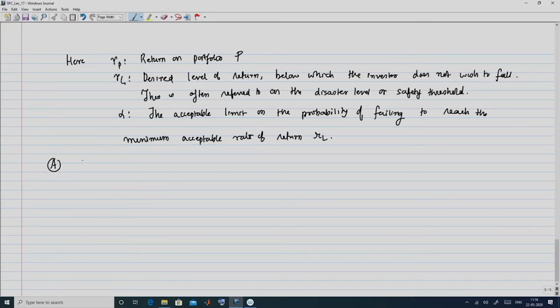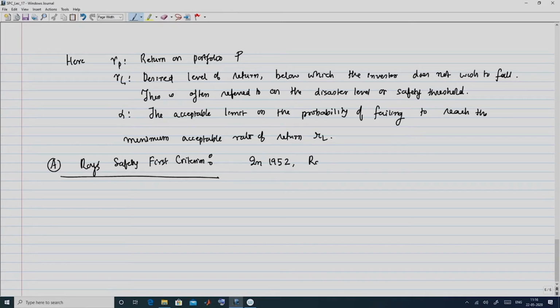So, accordingly, we start with Roy's safety first criteria. It is a fairly classical approach.